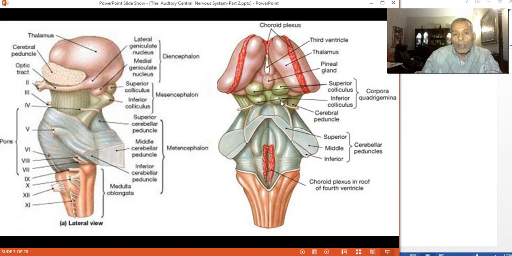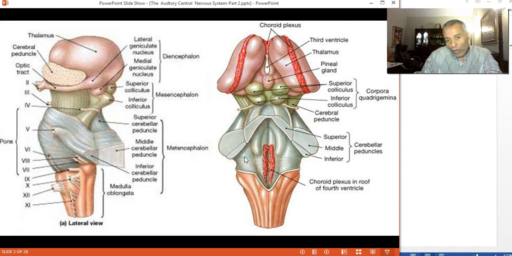So, as the signal comes from lower areas, from the cochlear nuclei, actually they are here at the junction between the medulla and the pons, around here. The cochlear nuclei give rise to pathways.